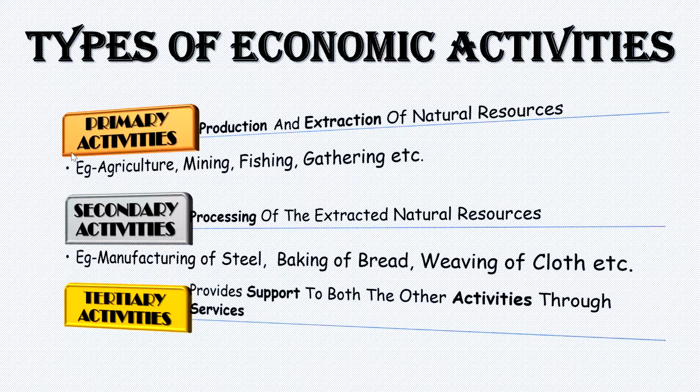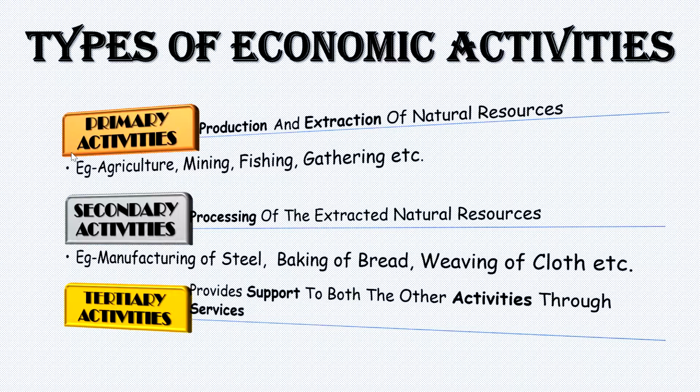Then comes tertiary activity. Now, what is tertiary activity? It is the activity which provides support to both the other activities through services. So basically, if steel is being manufactured by a company, or cloth is being woven by a company, different companies or industries need to be provided support by something, right, through services.